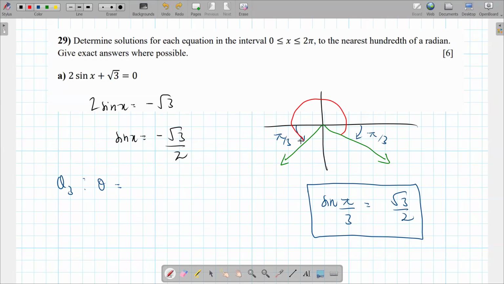We're in quadrant 3. If the acute angle is pi over 3, what's the principal angle? Remember, there's a pi. Yeah, exactly. Pi plus pi over 3. Take LCD, and it becomes 3 pi plus pi over 3. Becomes 4 pi over 3. What about in Q4?